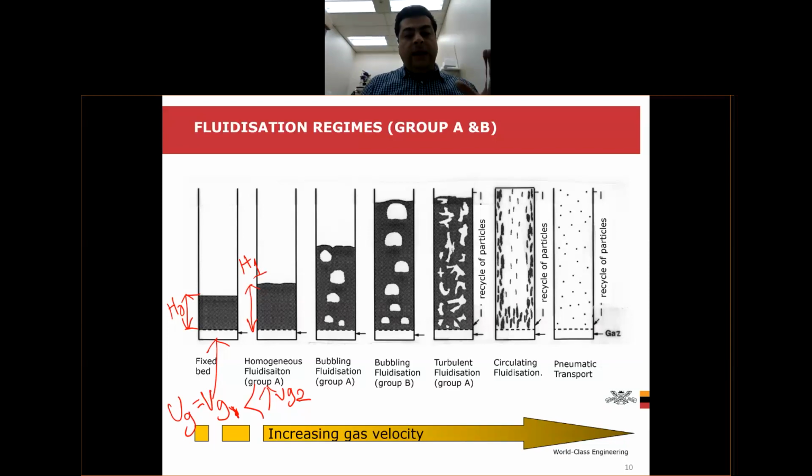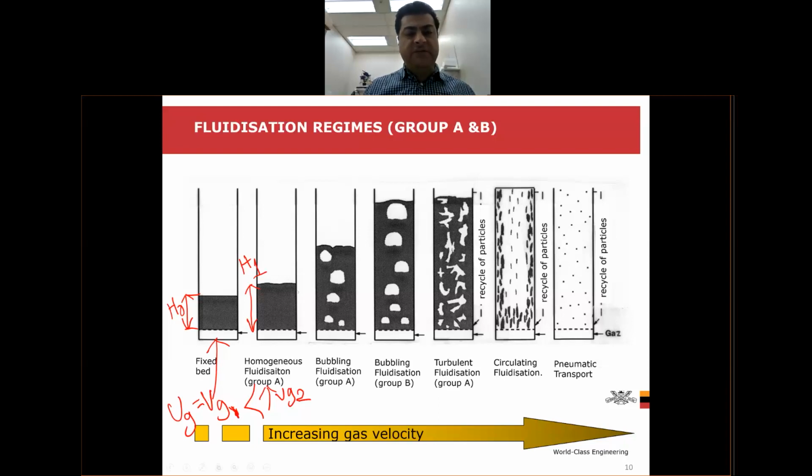And if you again increase the gas velocity, you reach a point where not only have the powders started to move around, but you also clearly see some bubbles formed. So when bubbles are formed, we call it a bubbling fluidized bed or bubbling fluidization.